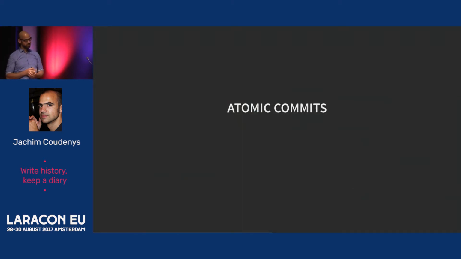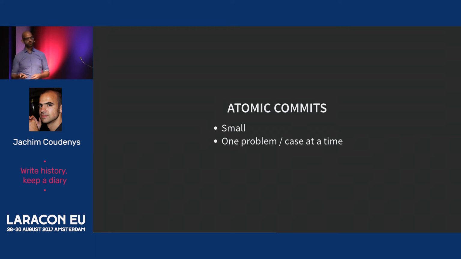If we want to create commits, we have to create atomic commits. Atomic commits are preferably small, and they solve one problem or one case at a time. The idea of an atomic commit is that if you check out that version, the project still works.